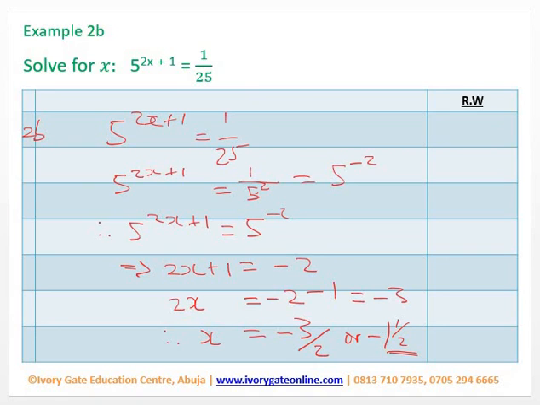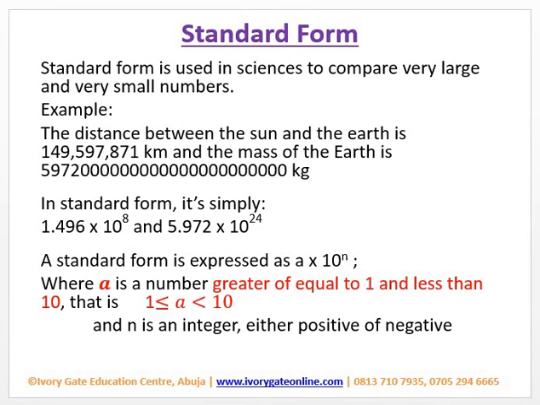Okay, so with this, we have concluded our exercises on indices. So this time, let's discuss standard form. Standard form usually goes with indices. It is used in sciences to compare very large and very small numbers. Example, large numbers like the distance between the sun and the earth and the mass of the earth.